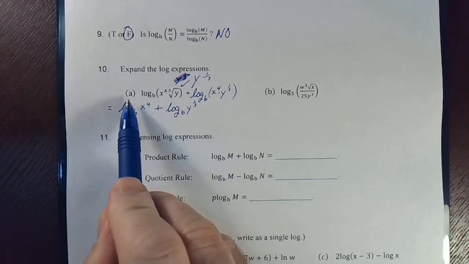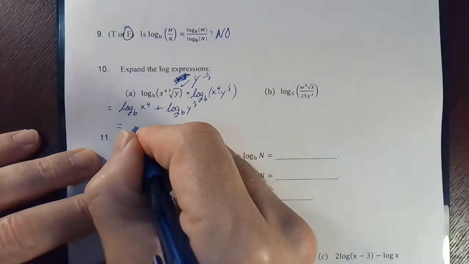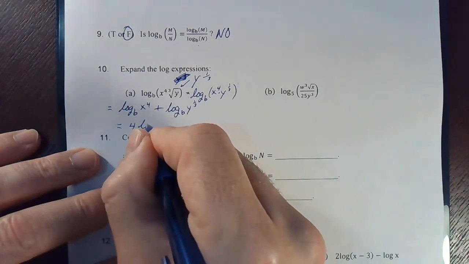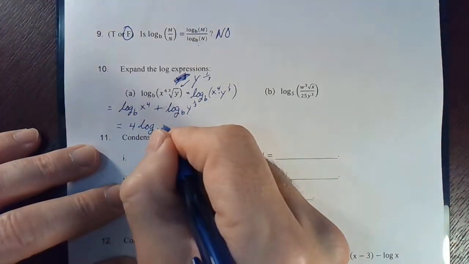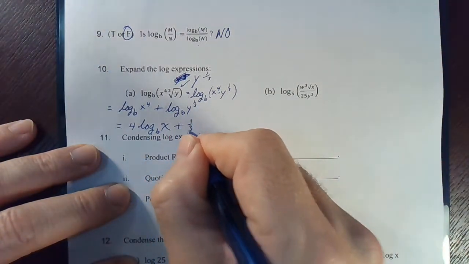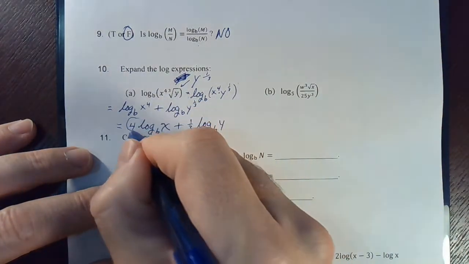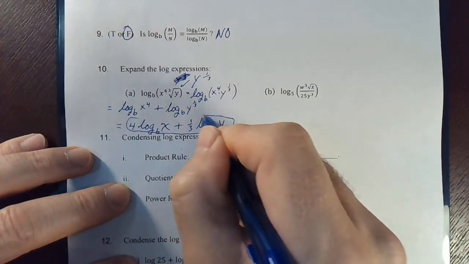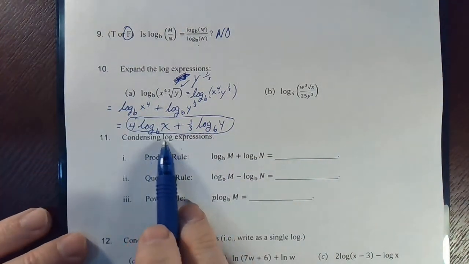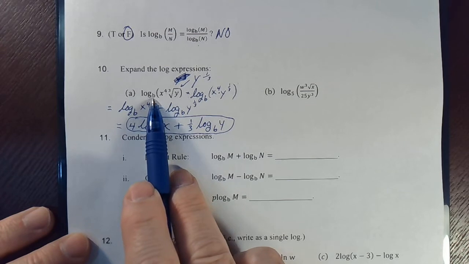Now I'm going to bring this 4 down to the front, and I'm going to bring this 1/3 down to the front. So I will get 4 log base b of x plus 1/3 log base b of y. So that's the fully expanded version of this one single log.